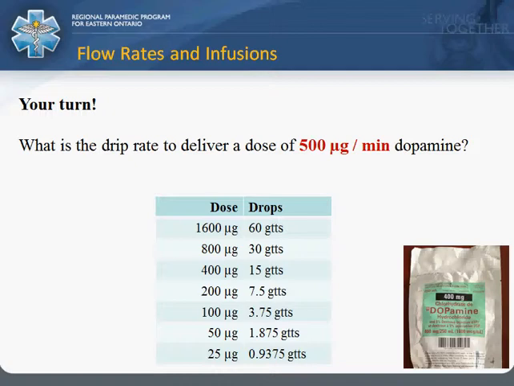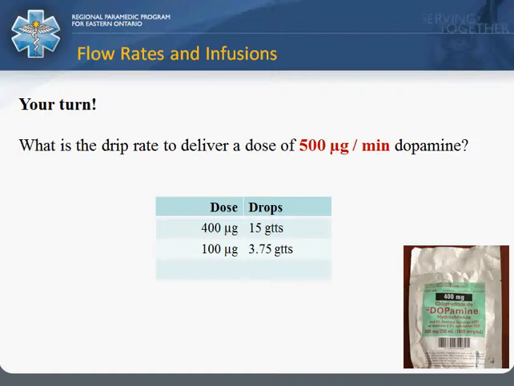Make sure you're using the appropriate one for your dose of dopamine. But I can figure out the drip rate. What I will do, because I'm after 500 micrograms, I'm going to choose 400. I'm going to choose 100. And I'm going to throw away the rest. 400 plus 100 equals 500 micrograms.